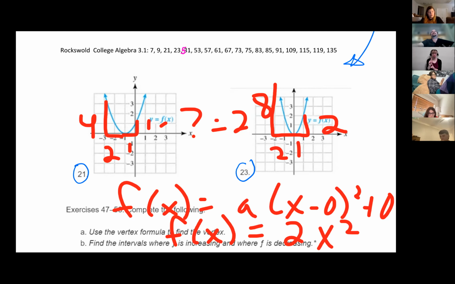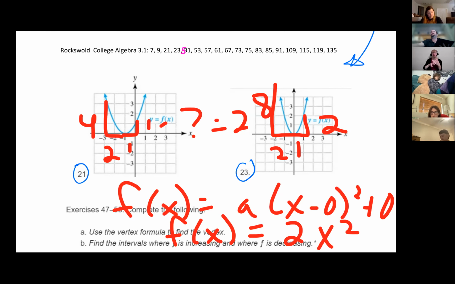I'm seeing no. All right, I'll give y'all more time on 51 and 53. So 51 and 53, where you're basically finding the vertex and then finding intervals of increase and decrease. And 61 and 67 are the next ones I want to go over.